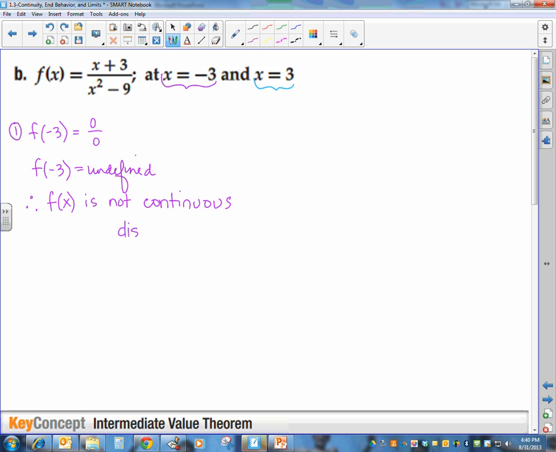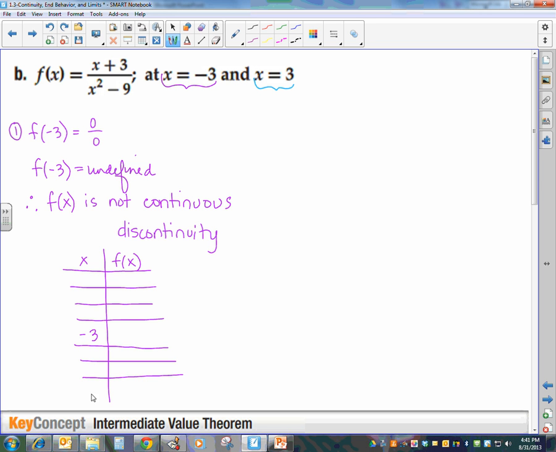So if we're going to find out what kind of discontinuity, we need to make our table. And so we have our x and our f of x. I'm not dying, I'm really okay. 1, 2, 3. We're looking at negative 3 here.